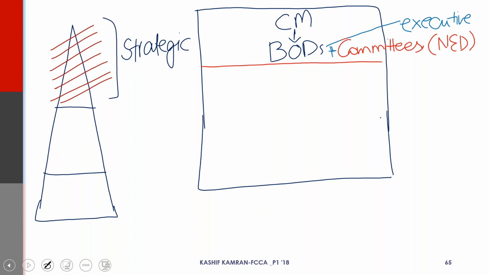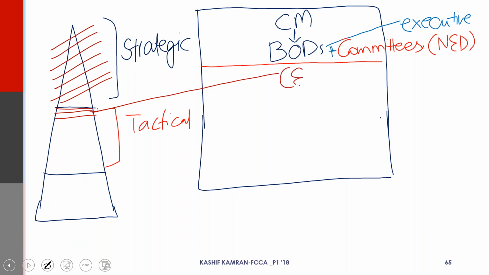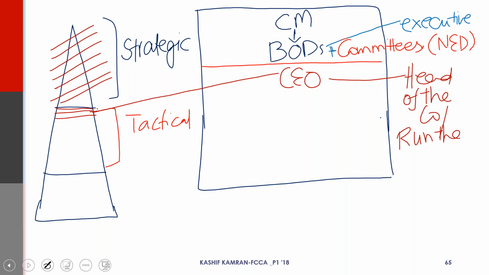Then if you look at the technical level, at the head of the technical level is a person known as a CEO, Chief Executive Officer. The Chief Executive Officer is known as the head of the company, not head of the board, head of the company. He runs the company. The chairman does not run the company.